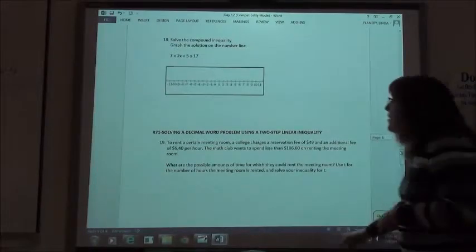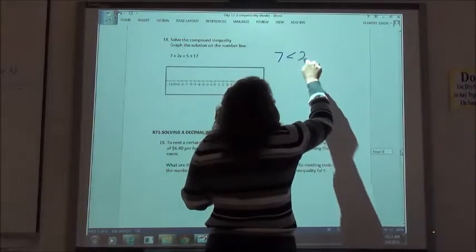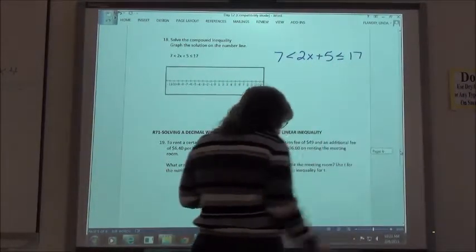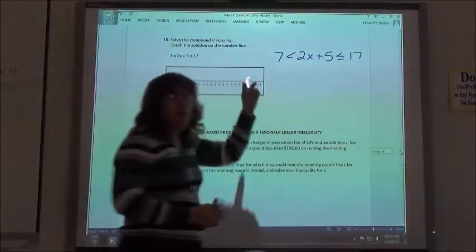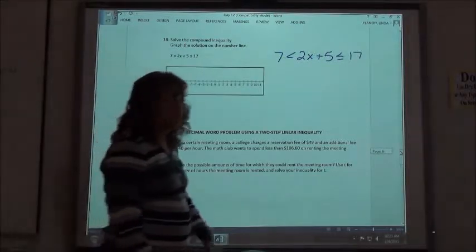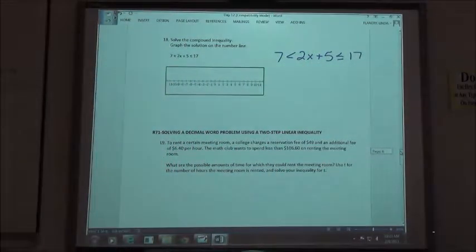Number 18, back to one of those compound ones that says 7 is less than 2x plus 5, which is less than or equal to 17. So if I just solve that all together, the first thing I should do here is minus the 5.